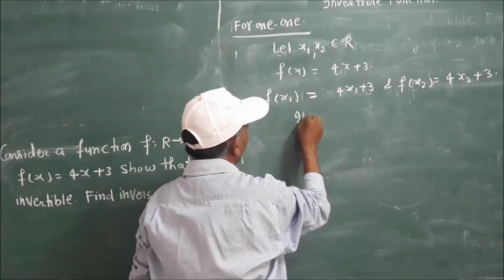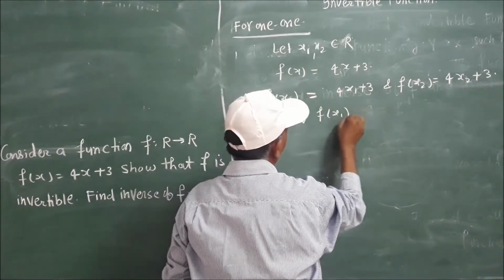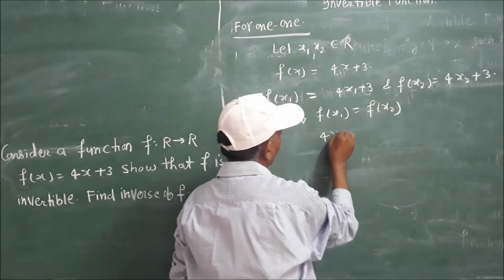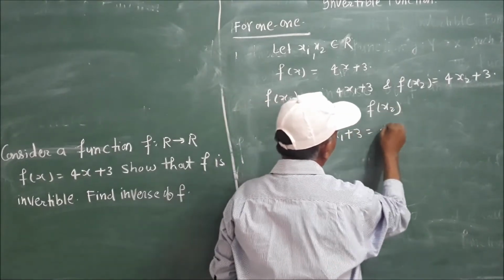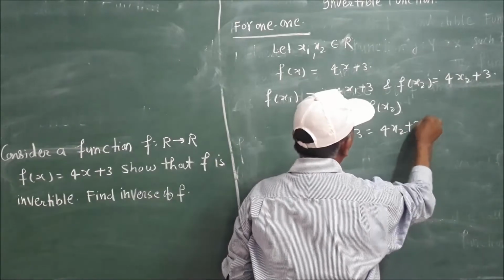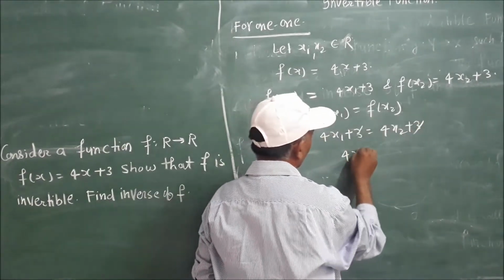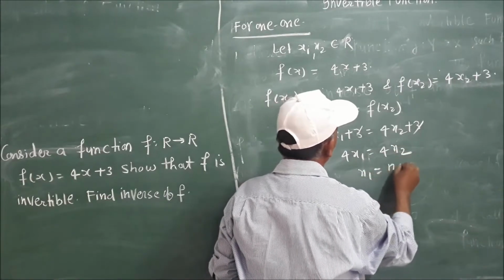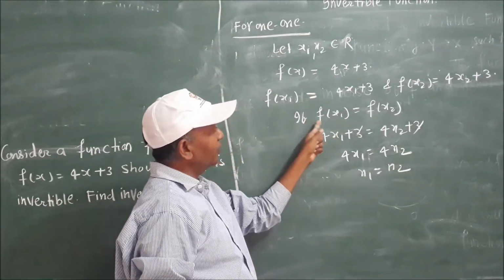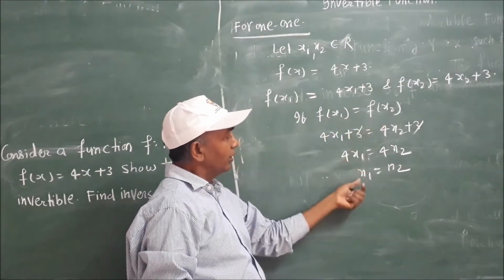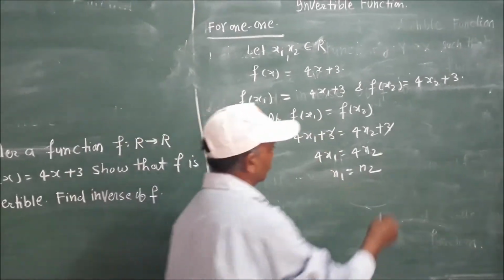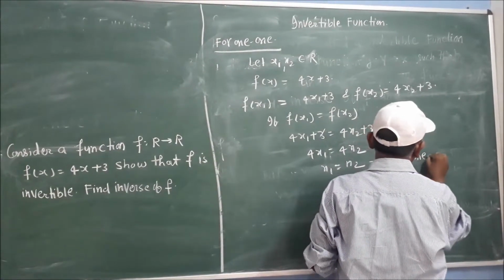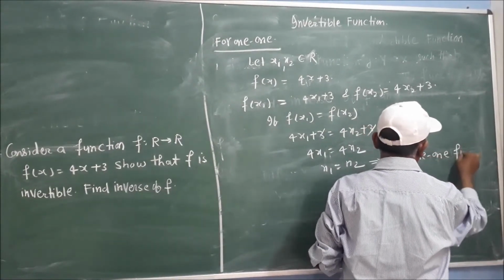If f(x1) is equal to f(x2), then we can write 4x1 plus 3 is equal to 4x2 plus 3. So 3 and 3 will be cancelled. So 4x1 is equal to 4x2. That means x1 is equal to x2. So here we have taken that if f(x1) is equal to f(x2), then we have shown that x1 is equal to x2. This implies f is a one-one function.